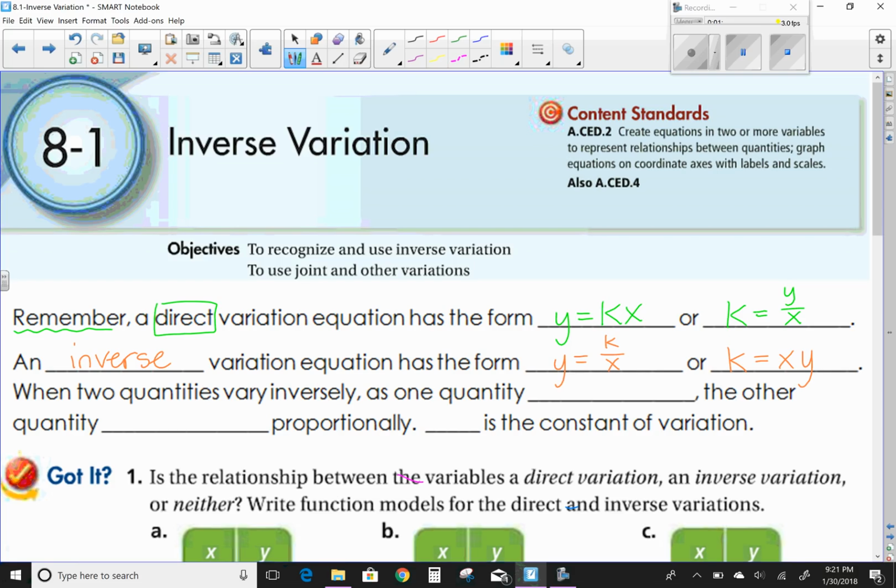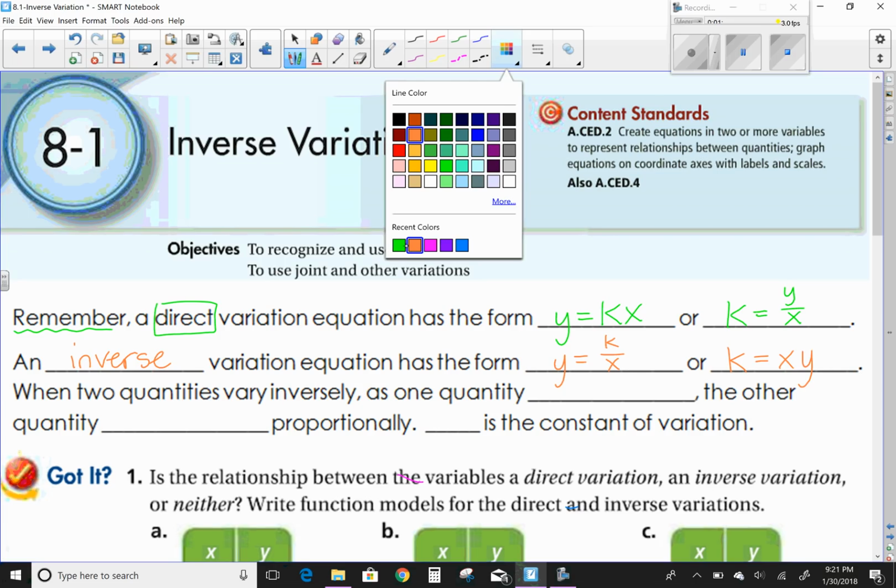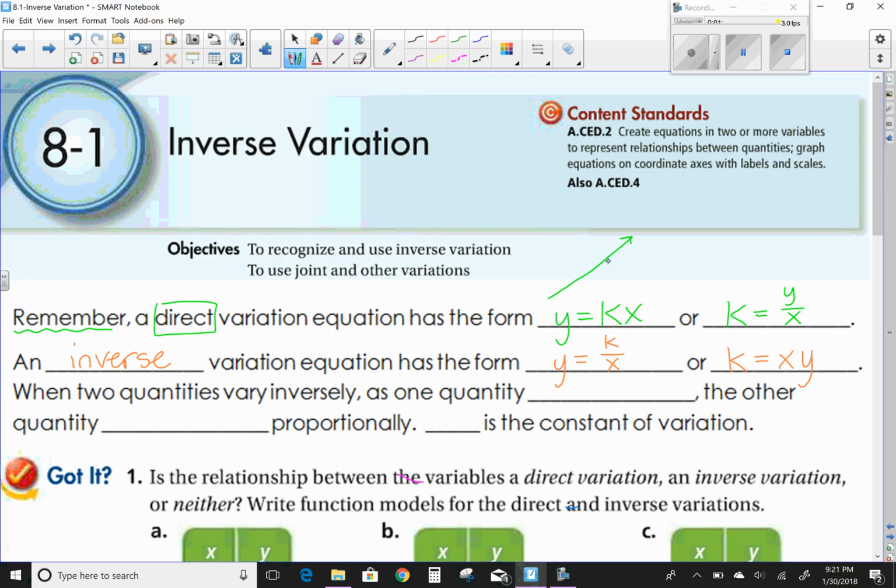Let me go back and remind you: y equals kx is what we've had before, and if you graph it, it looks like that. K is often referred to as m, so that would be the slope. What this is telling us is as x increases, y increases, and that's why our line looks like that.